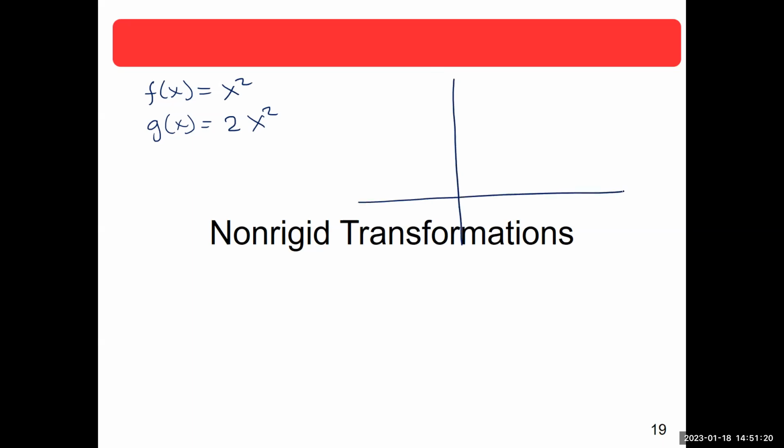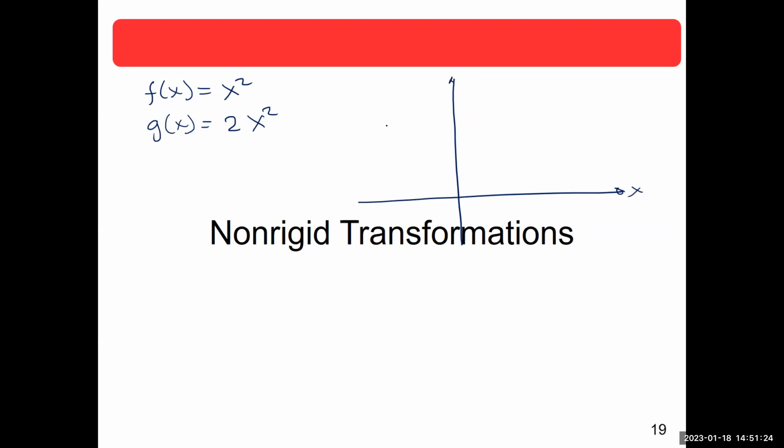If I have the function f of x equals x squared, let's start with this one. If I told you the new function g of x equals 2 times x squared, now we are making the graph 2 times bigger than the previous one. How do we plot this one? We're going to draw the x-axis, y-axis.